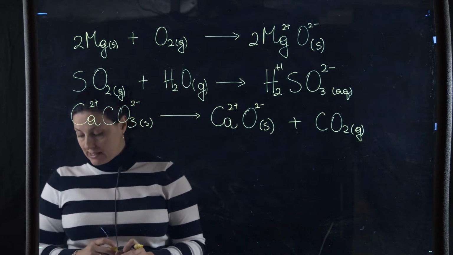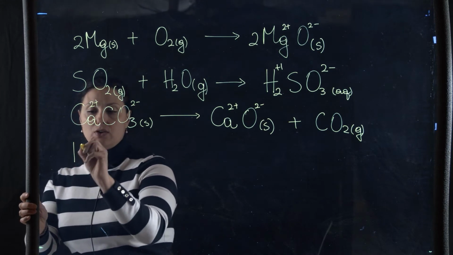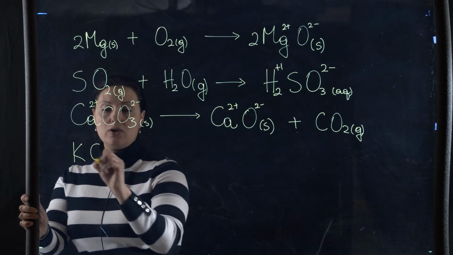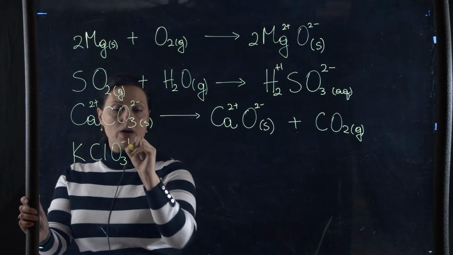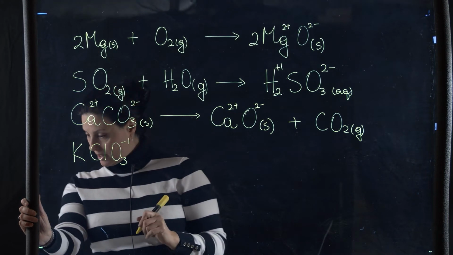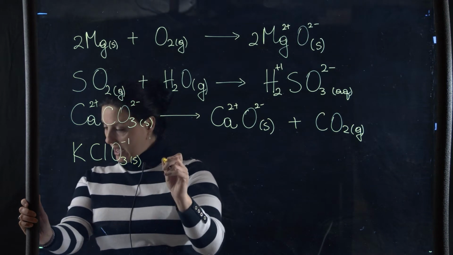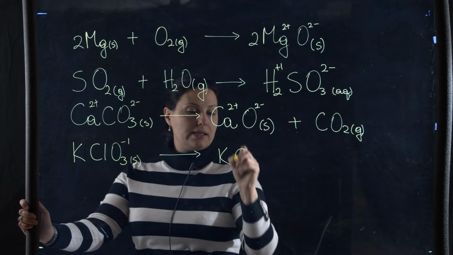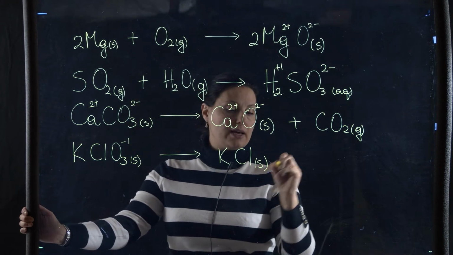I have potassium chlorate. Once again, learn your polyatomic ions. Chlorate is ClO3 and it has a -1 charge. That is a solid. It reacts to form potassium chloride, KCl, and oxygen gas. That's a solid.